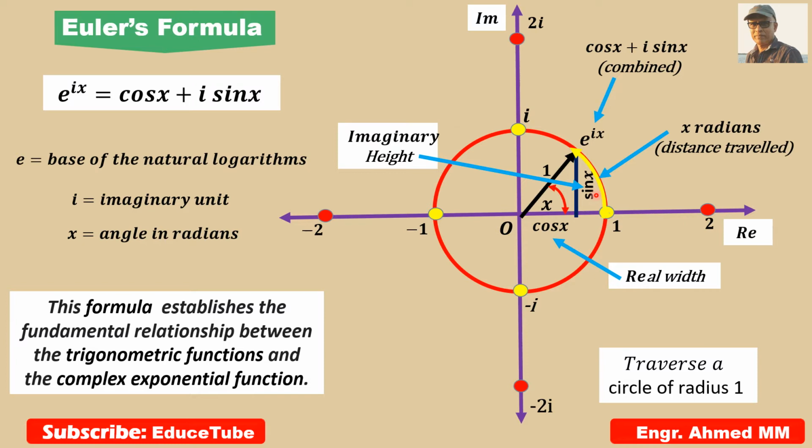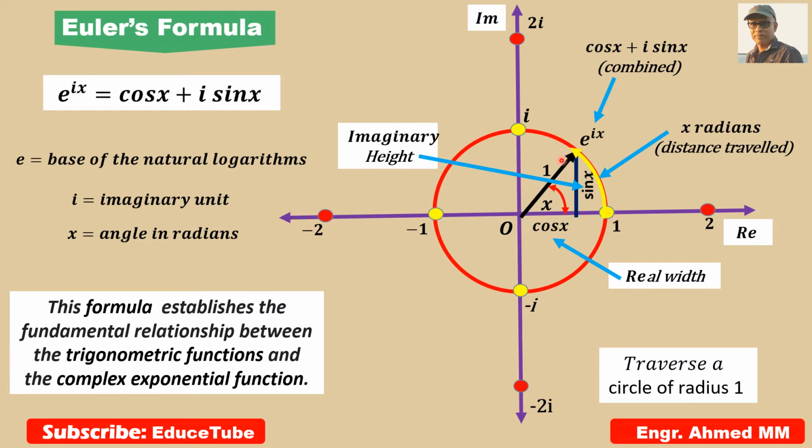If we take any number of radians and plug it into x, what we get is rotation around the circumference of radius 1 of x radians.